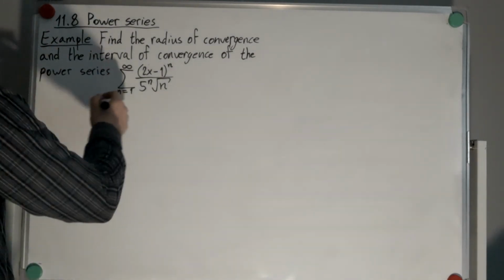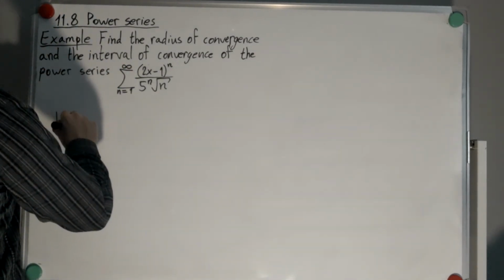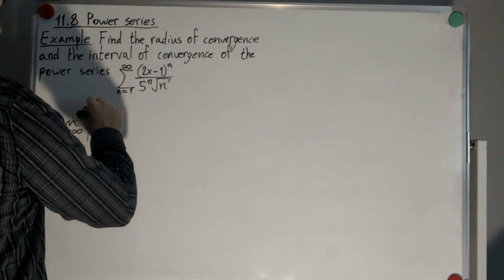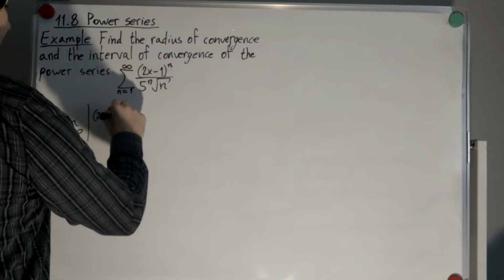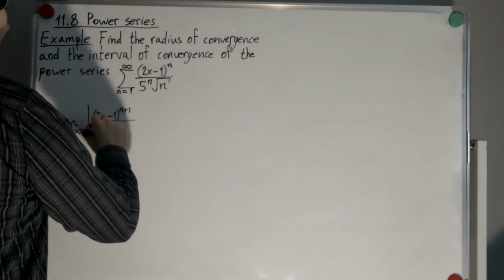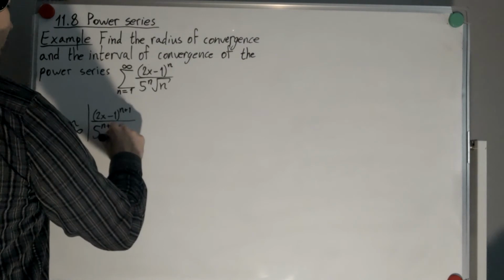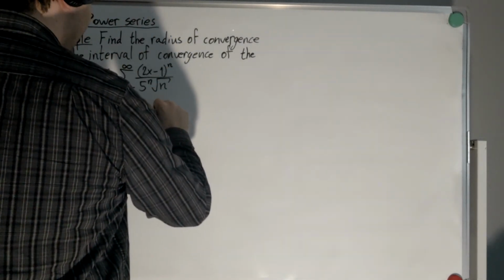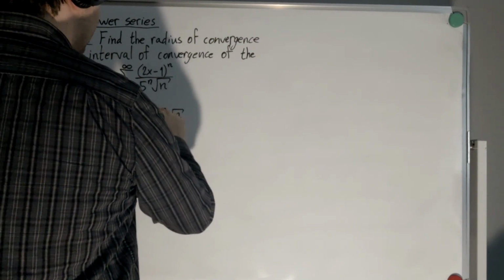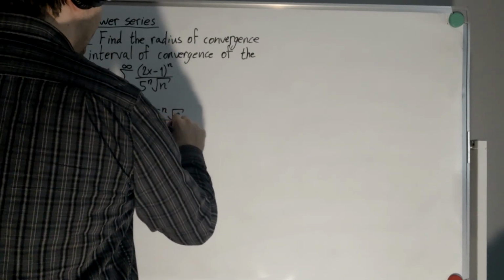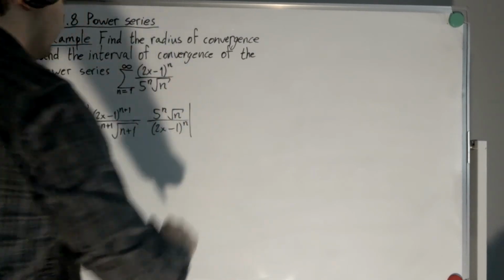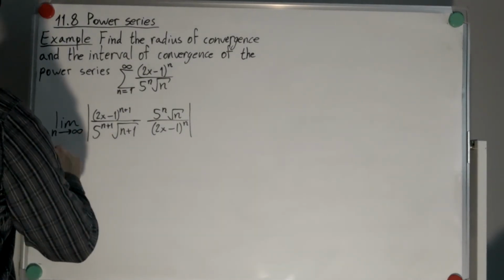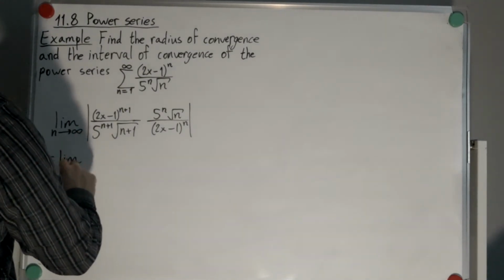In any case, we're going to take the limit as n approaches infinity of the absolute value of (2x minus 1) to the n plus 1 divided by 5 to the n plus 1 times the square root of n plus 1, multiplied by 5 to the n square root of n divided by (2x minus 1) to the n. So now, once again, the only thing that the absolute value really matters for is 2x minus 1.